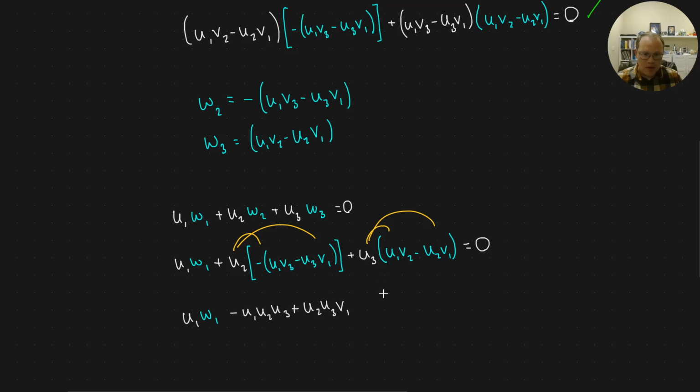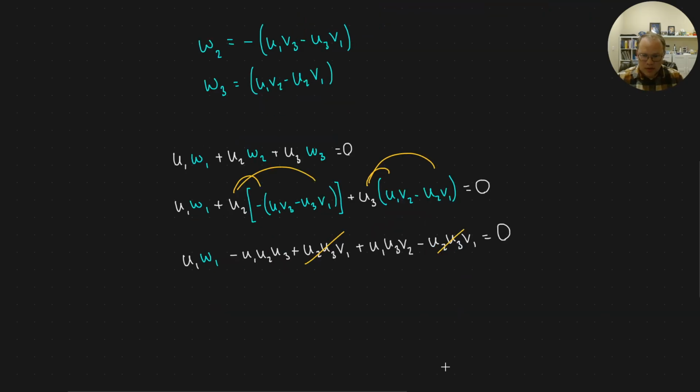There we go. Here I get, distributing that U3 in, U1 U3 V2 minus U2 U3 V1 equals 0. Now right away I notice U2 U3 V1 and negative U2 U3 V1 go away.